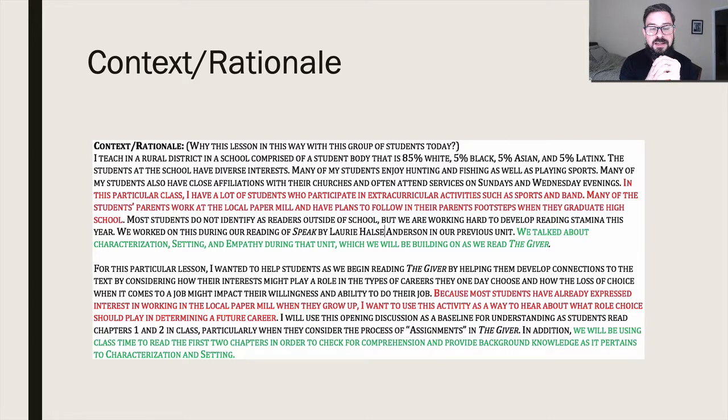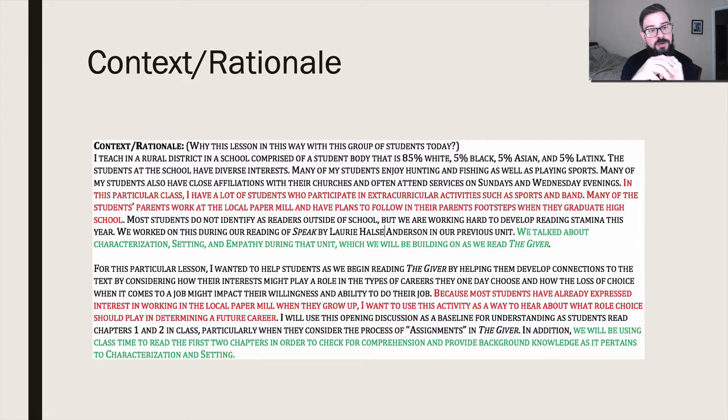And the idea of this lesson plan talking about careers, having an understanding of where students perhaps generally plan to go and what they plan to do after they graduate high school is useful in trying to situate a conversation about careers as it relates to literature, particularly in The Giver. And I'll show you how I make that connection in my rationale.